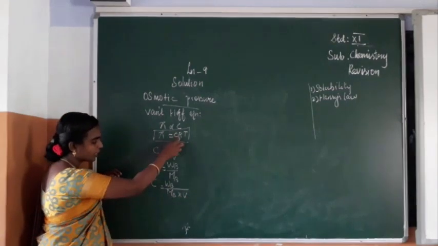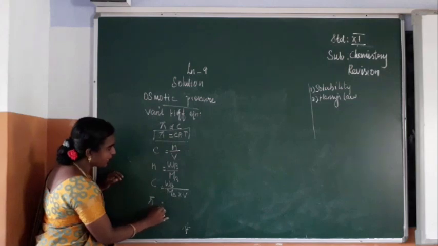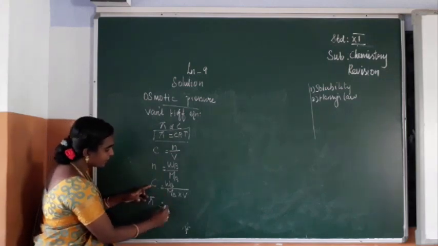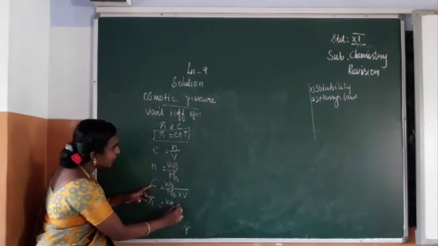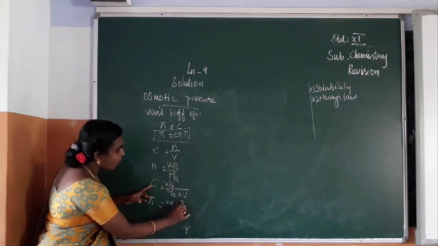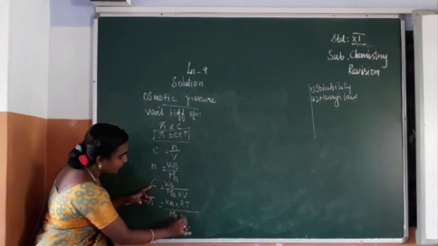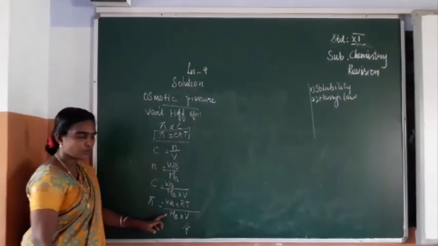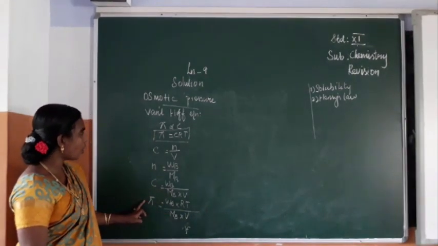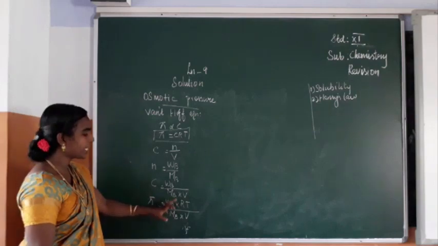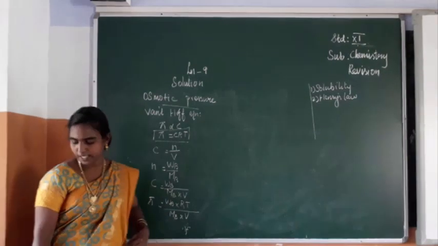When you substitute in this equation, pi is equal to Wb into RT divided by Mb into V. When you rearrange the equation, the molar mass of the solute can be calculated using osmotic pressure.